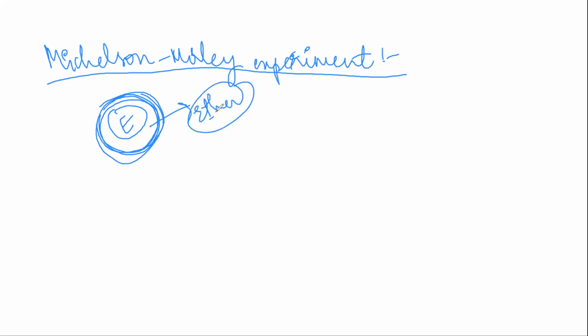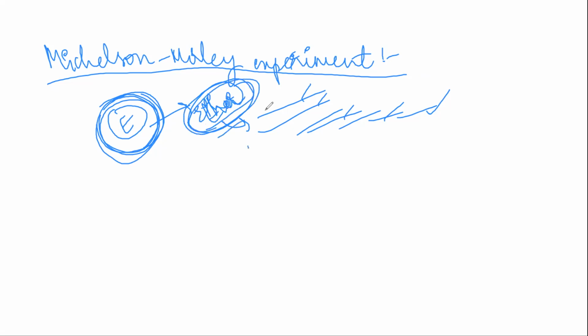They named it the ether medium. Okay. They considered that it is invisible, perfectly elastic, transparent, non-resistive, and has low density. All these properties they assumed for the ether medium.